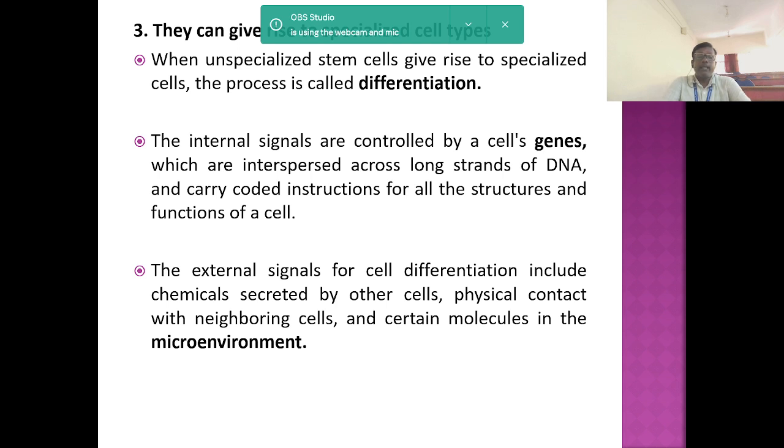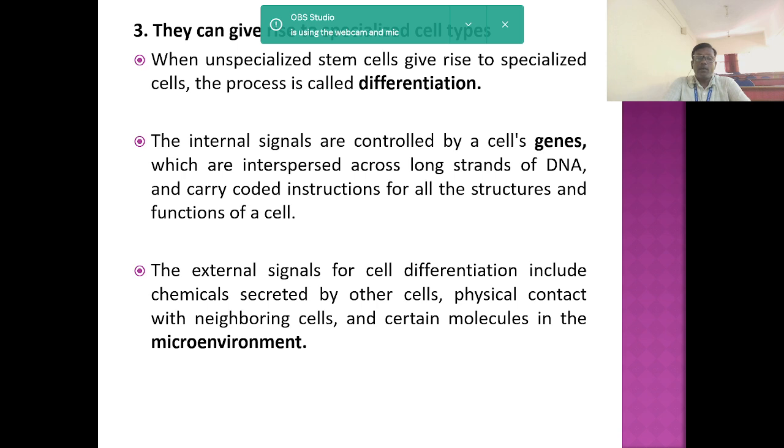The third property is that they can give rise to specialized cell types. When unspecialized cells give rise to specialized cells, the process is called differentiation. This is controlled by two signals: internal signals and external signals.